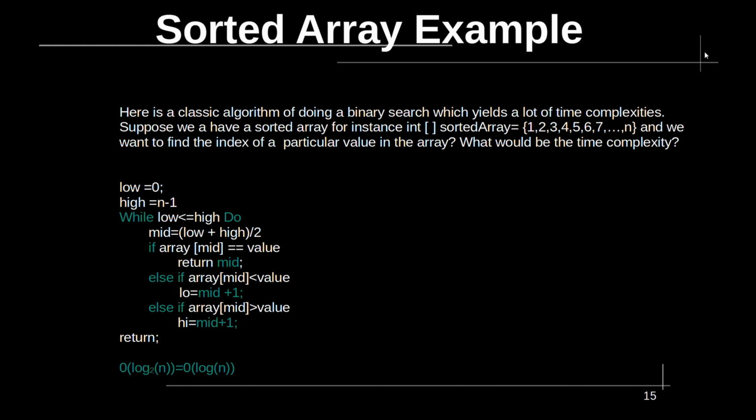Then it selects a midpoint between the two and checks if the value we are looking for is at the midpoint. If it has found it, it stops, returns the value, and discards the other half of the array.